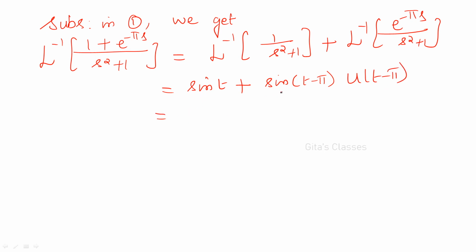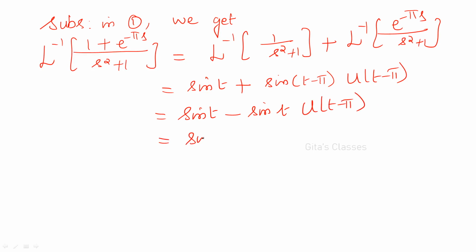That is equal to sin t plus sine of t minus pi. I can write it as minus sine of pi minus t. What is sine of pi minus t? It is sin t. Okay, so it is sin t into u of t minus pi.